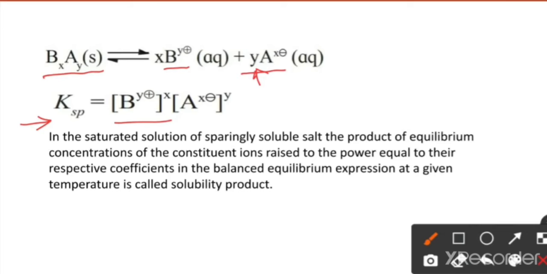In the saturated solution of a sparingly soluble salt, the product of equilibrium concentrations of constituent ions raised to the power equal to their respective coefficients in the balanced equilibrium expression at a given temperature is called solubility product.